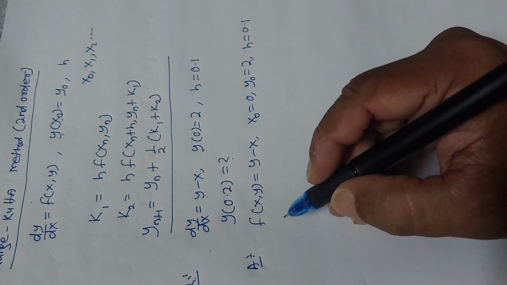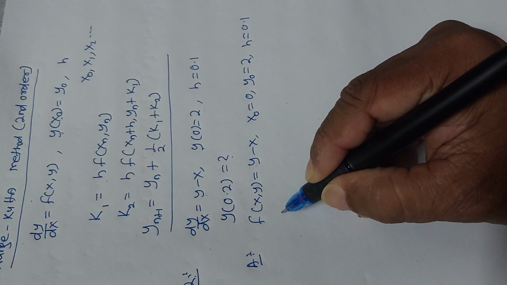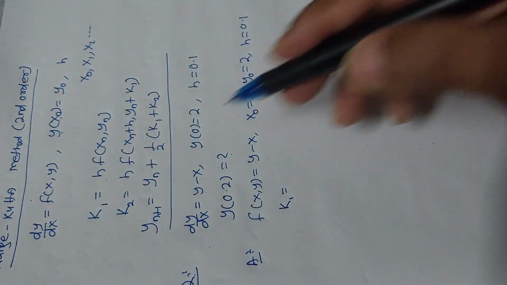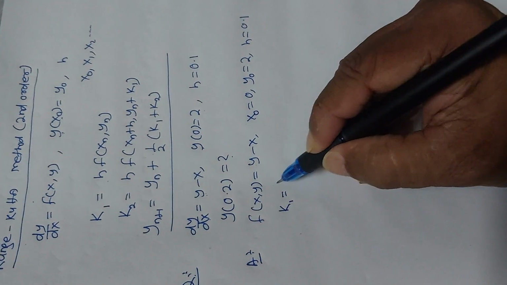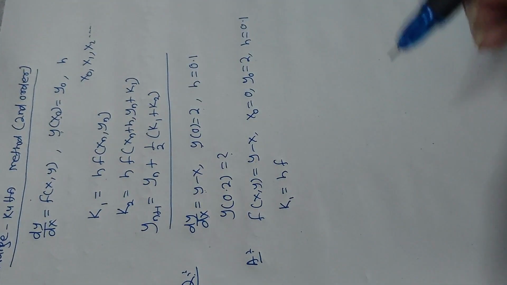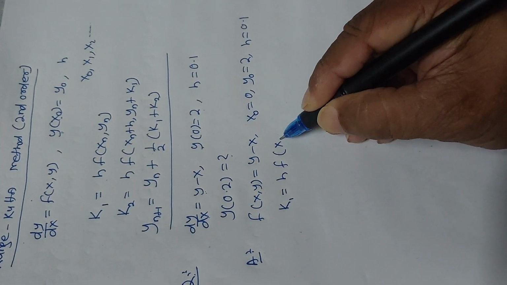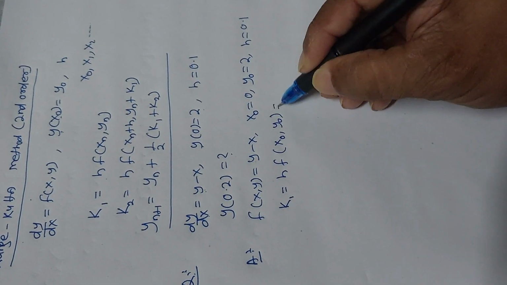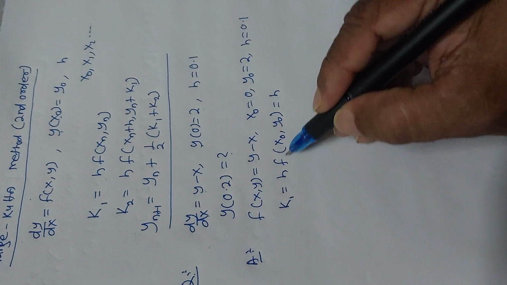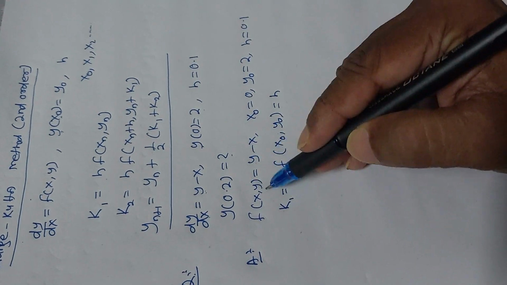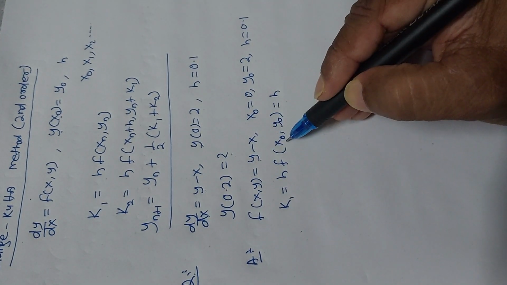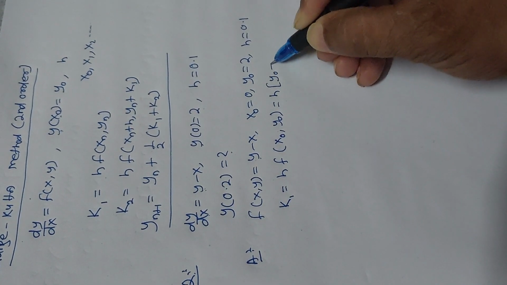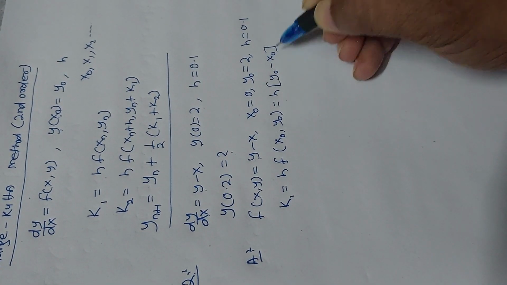Now, we will find k1 first. K1 is, as per the procedure, h into f of xn, yn. In the first case, xn, yn will be x0, y0. That means h into f of x0, y0, and since f of x, y is y minus x, that is h into y0 minus x0.